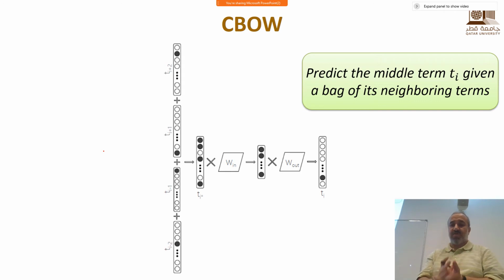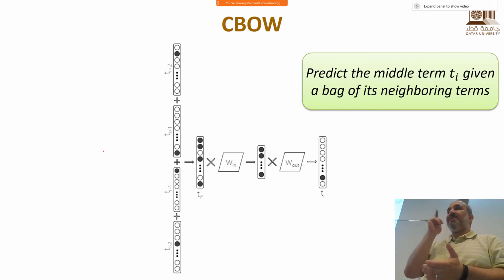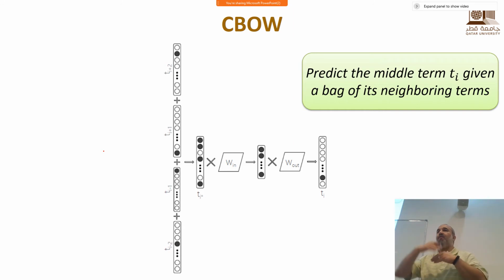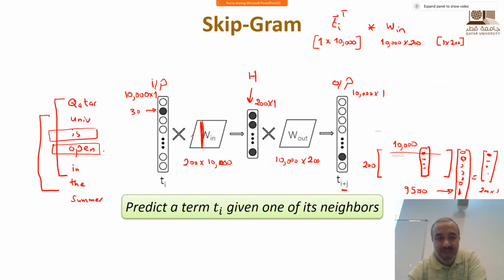What do you mean by continuous bag of words? Very similar to the previous one, but here we want to predict the middle term given a bag of all neighboring terms. So the input here is not just the representation of one word, it's the representation of all words within the window. If we get back to our example, the first training example will be "is" with all "Qatar University open in" together.